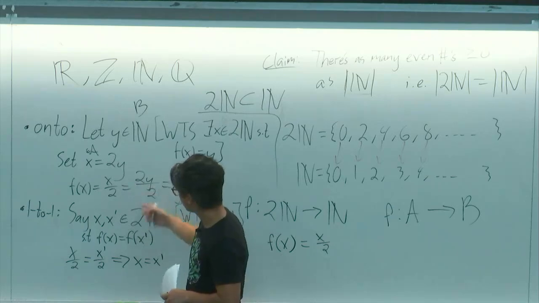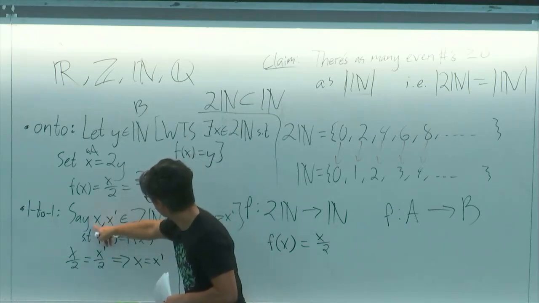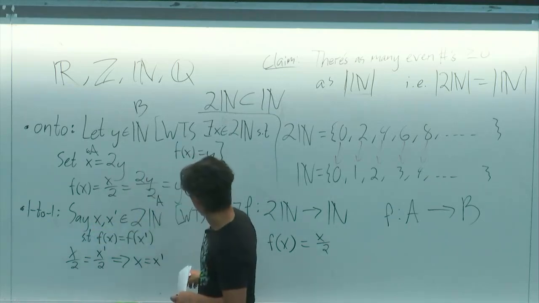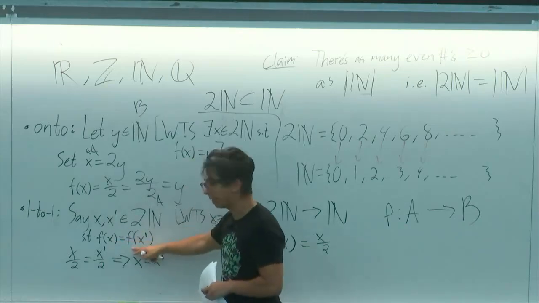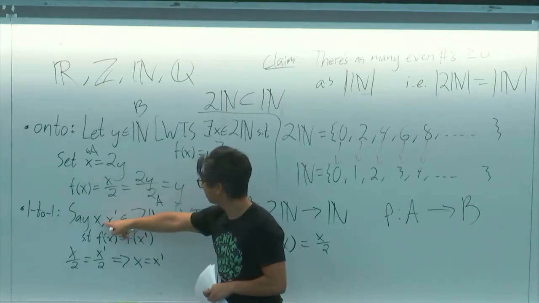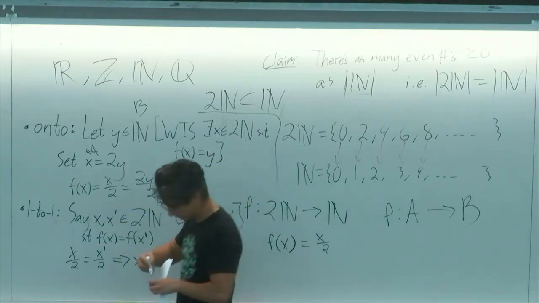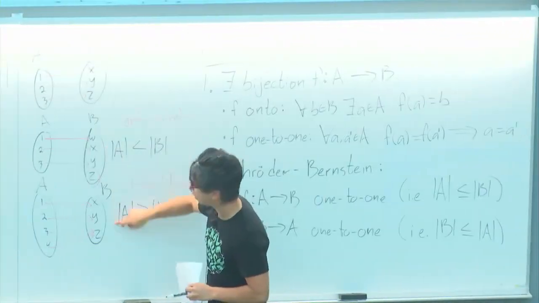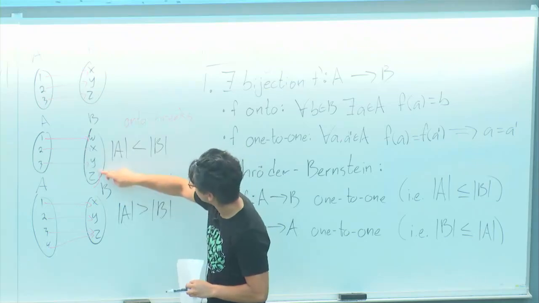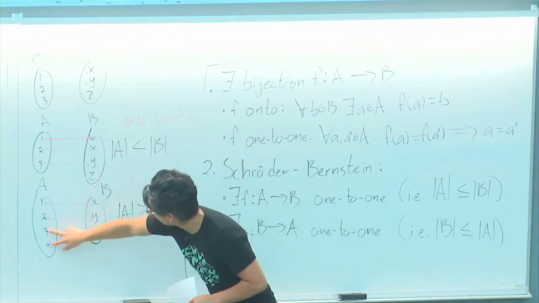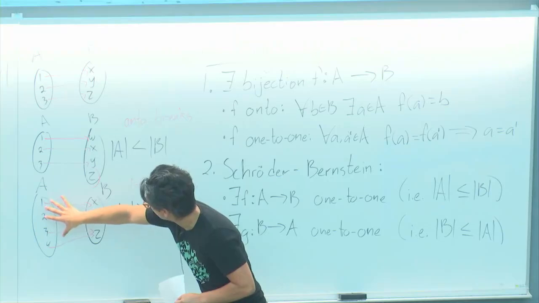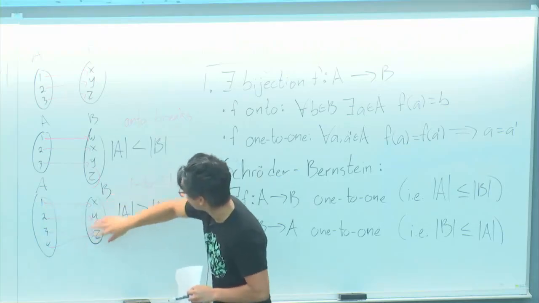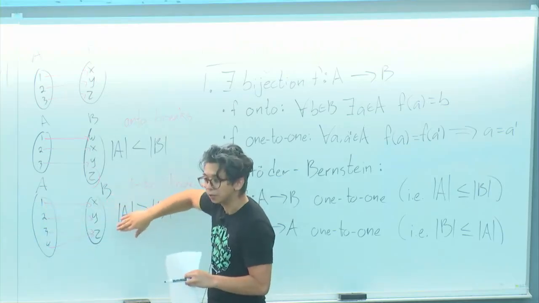And one-to-one always says, take two things in A and show that if they map to the same thing in B, they were actually not two different things. What this really gives us is that we want to rule out two cases. We don't want there to be anything left over, and we don't want A to be so big that it can't get onto B without crunching itself into it.